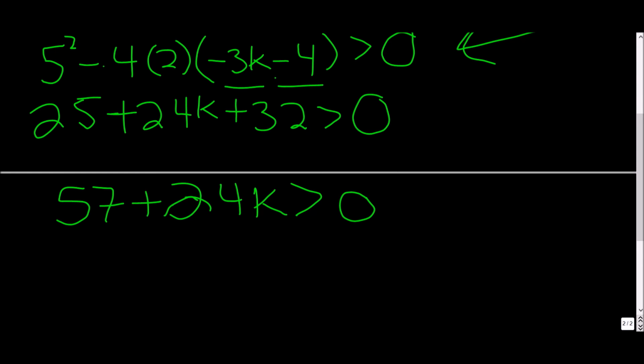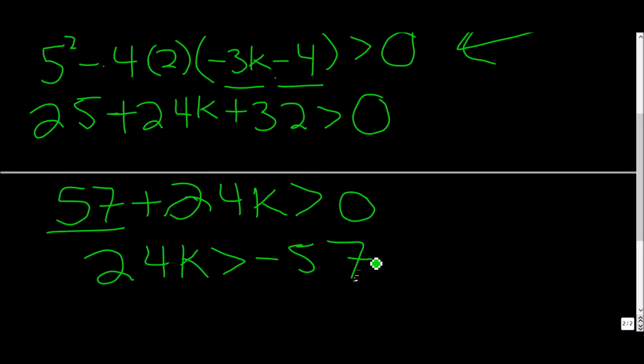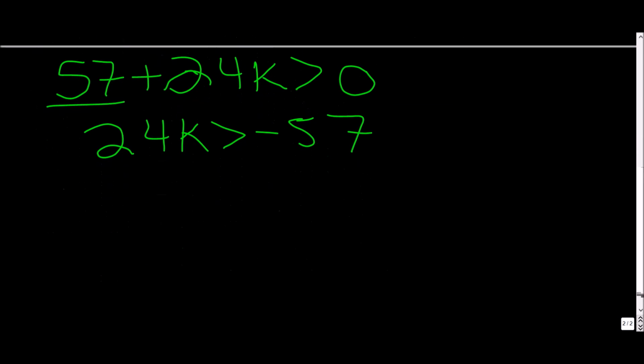I'm going to move this 57 over. I get 24k is greater than negative 57. Then to finally simplify, I divide by 24. If I have 24k's and I want 1, I need to divide by 24. Don't subtract; you want to divide it out.